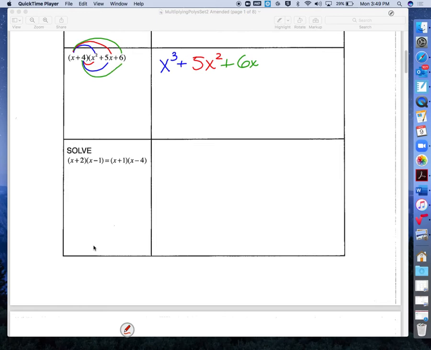So my first product, and I'm going to organize this in a vertical manner, just gathering like terms in a vertical column that makes it easier for me to simplify. So my first product is going to be 4x squared. My second product is going to be 20x. And then my third product is going to be 24.